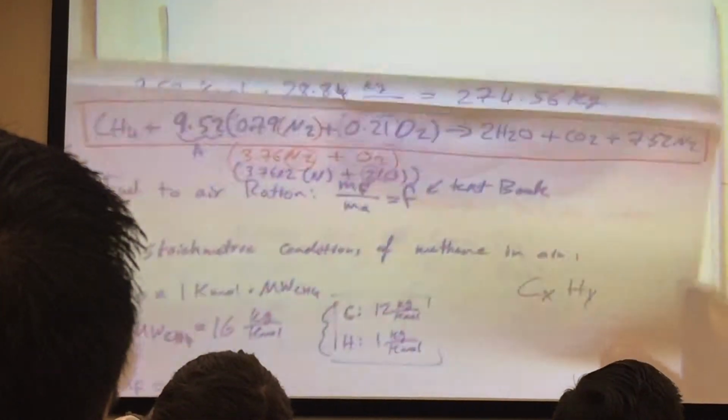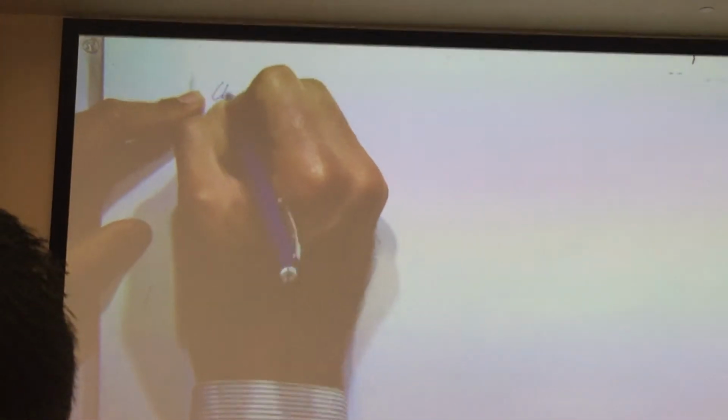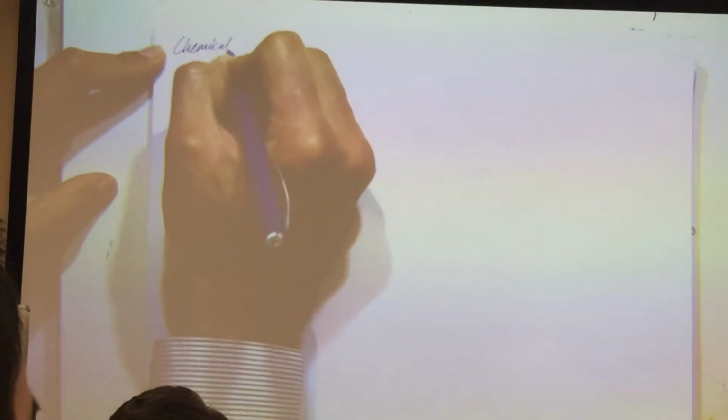Nonetheless, we're going to be doing stoichiometric conditions and fuel-air examples shortly, but let me start introducing heat of formation and the reference enthalpy. So what if we have a chemically reacting system?